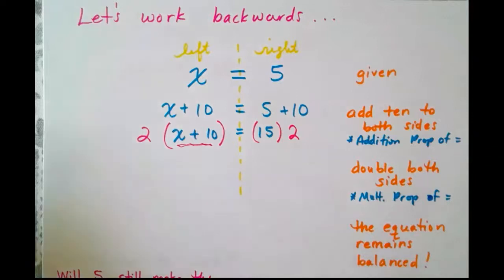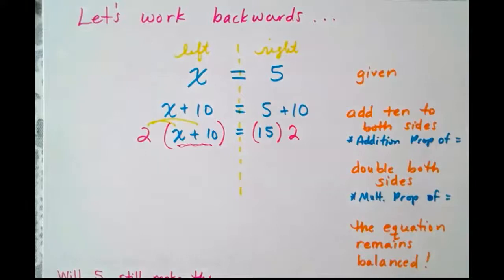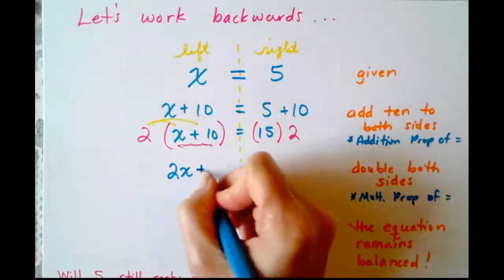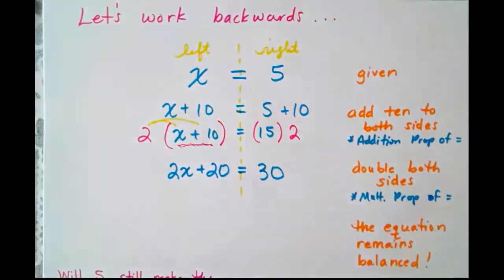To simplify that, I'm going to need to use a property from the properties video. Hopefully you're remembering, it is the distributive property. So when I simplify here, I'm doubling both sides. I end up with 2x plus 20 equals 30.